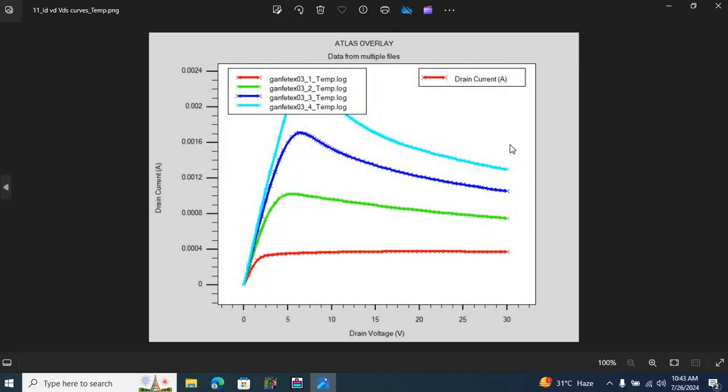These are the drain current versus drain voltage characteristic curves at gate voltages of minus 6 volts, minus 4 volts, minus 2 volts, and 0 volts.